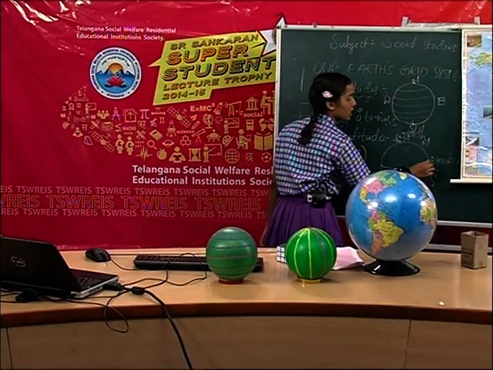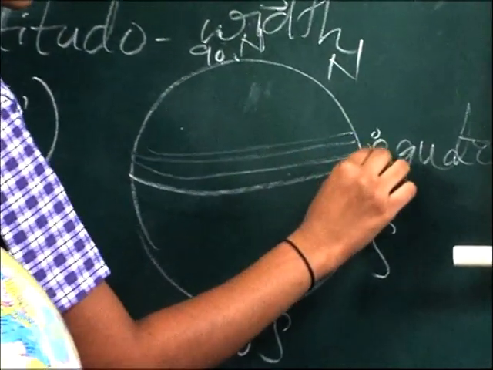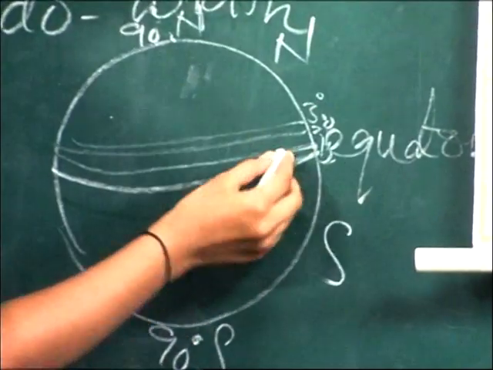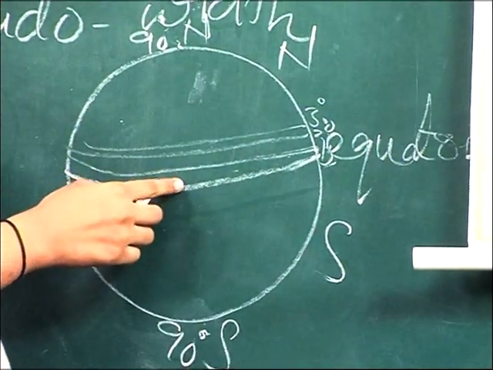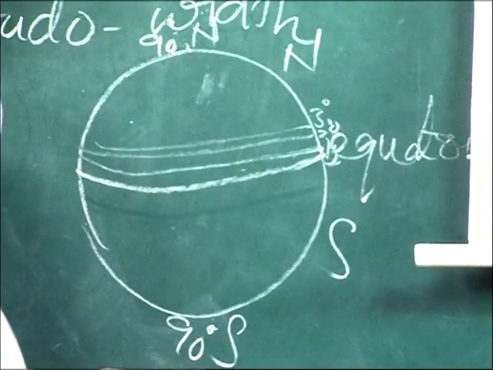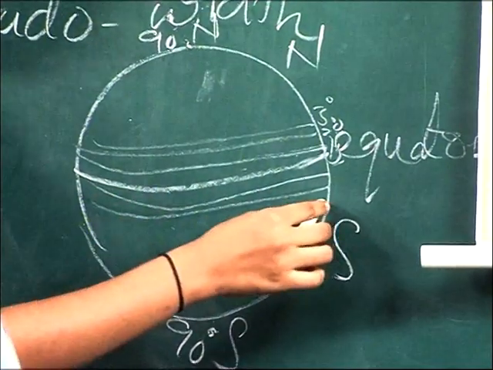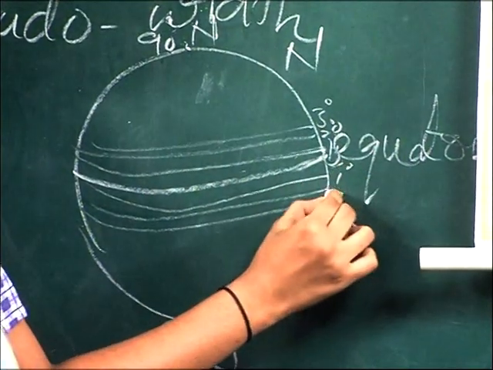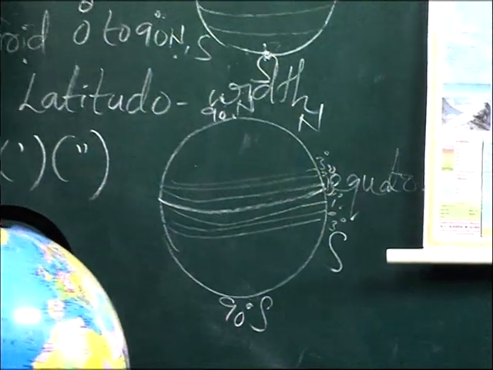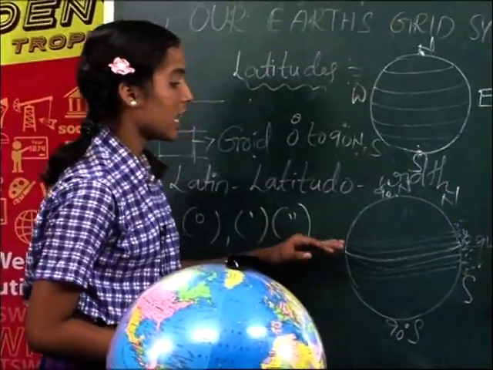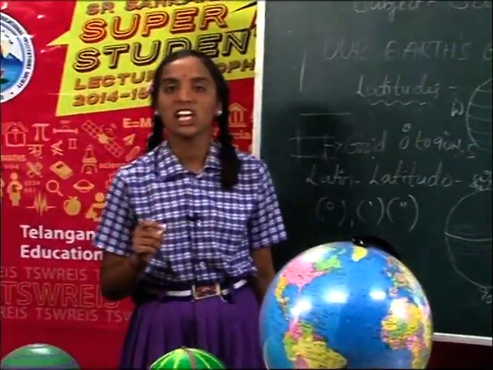In the northern hemisphere, the latitudes are like this, 1 degree, 2 degree, 3 degree, like that up to 90 degrees North Pole. In the southern hemisphere also, the latitudes are numbered 1 degree, 2 degree, 3 degree, like that up to 90 degrees South Pole.